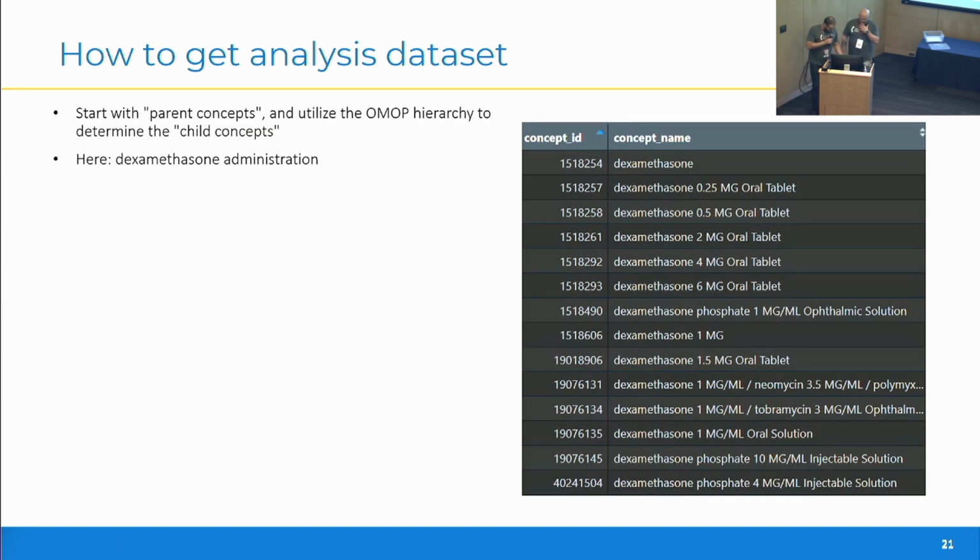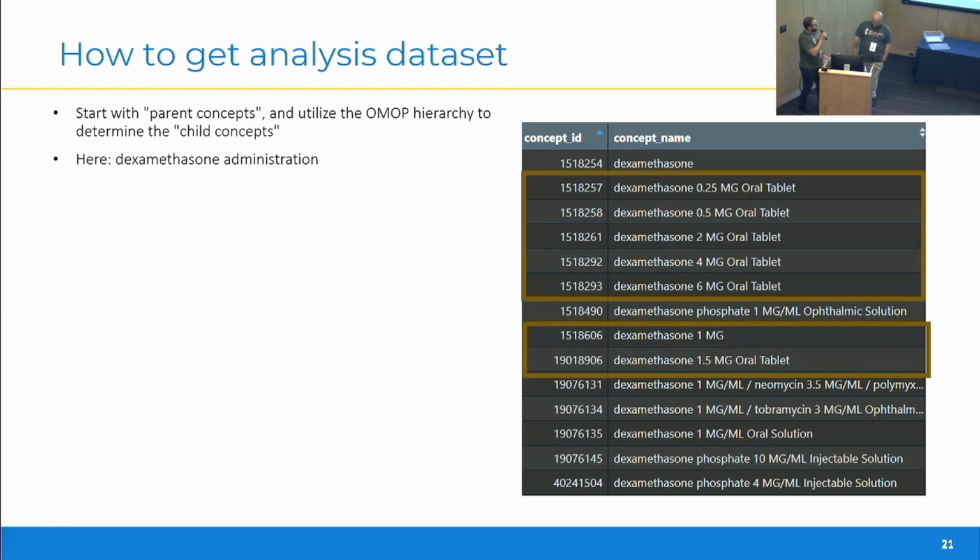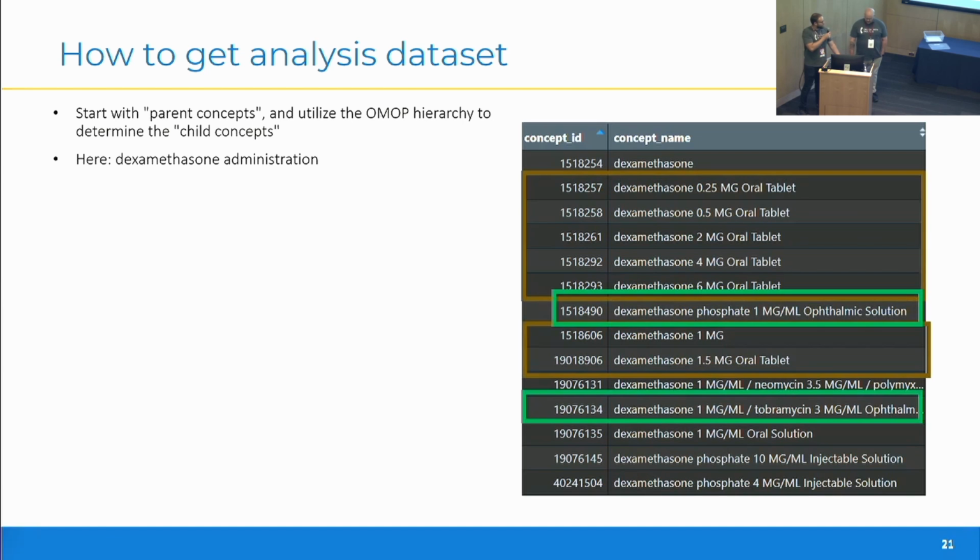So what that looks like is a number of different oral tablets that we saw, along with some ophthalmic solutions and some injectable and oral solutions. So there's a lot of different forms, and something important here is to look at which of these are actually administrations that we're interested in analyzing, and which of these don't make sense towards the actual treatment of COVID-19.